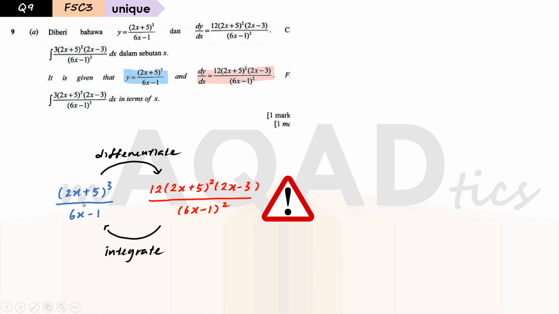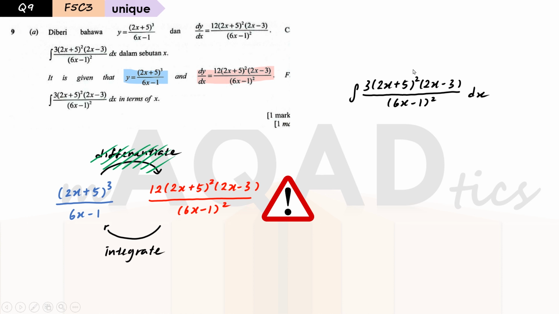Now in the question it tells us to integrate this expression here. Since they are telling us to integrate, we can just ignore the differentiation process and focus on the integration process. If we want to use this, we first need to have this expression, and once we integrate, we can just straight change into this expression.